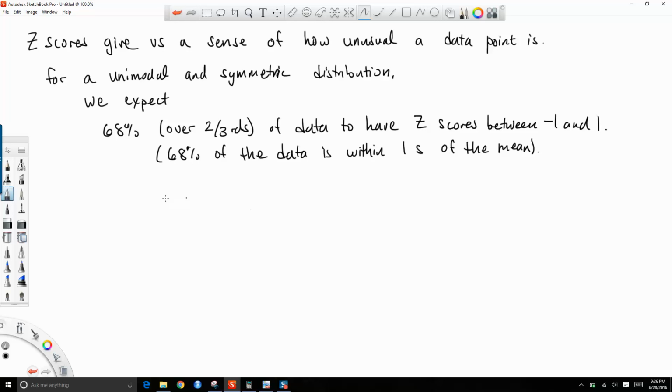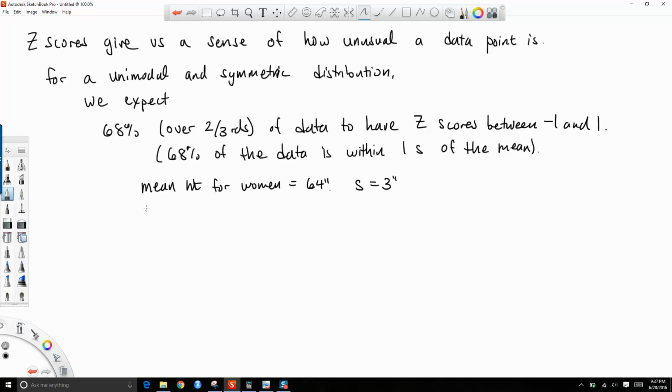Okay, so if we were talking about women's heights, so we said mean height for women is equal to 64 inches, and the standard deviation is equal to 3 inches.